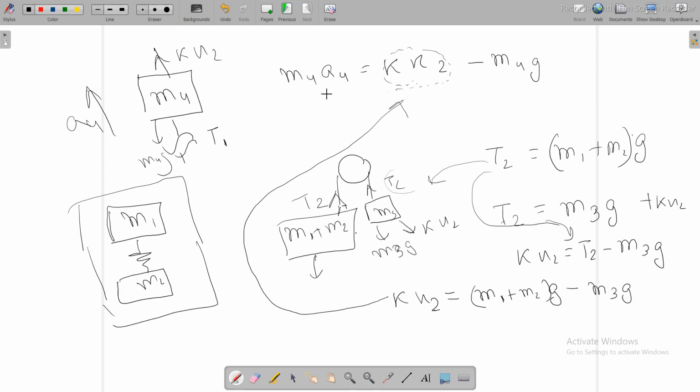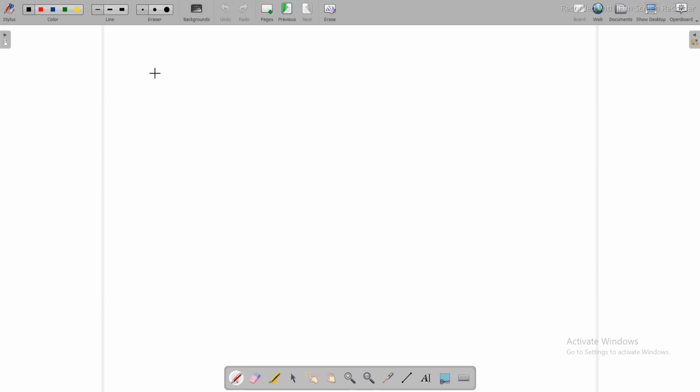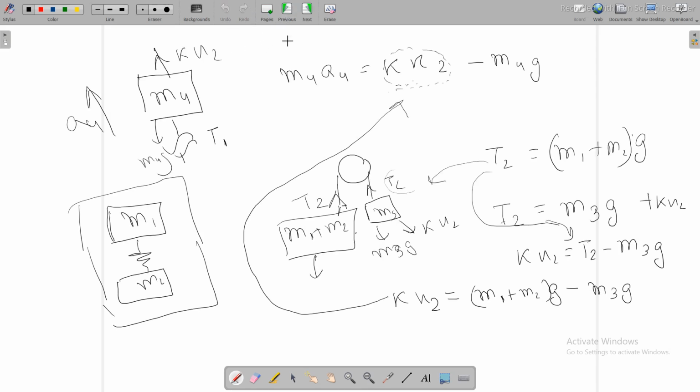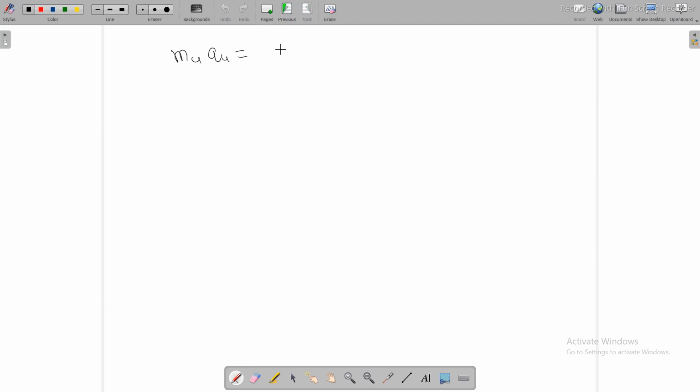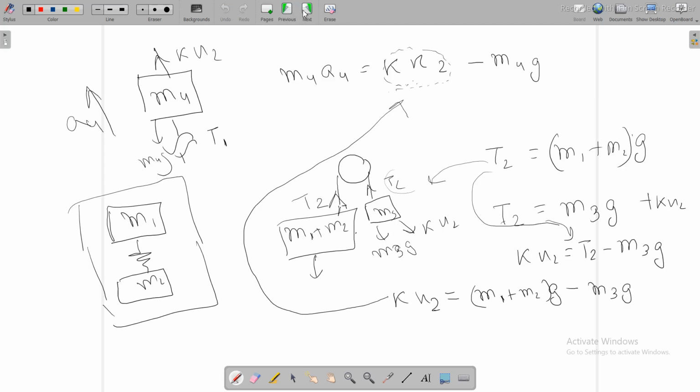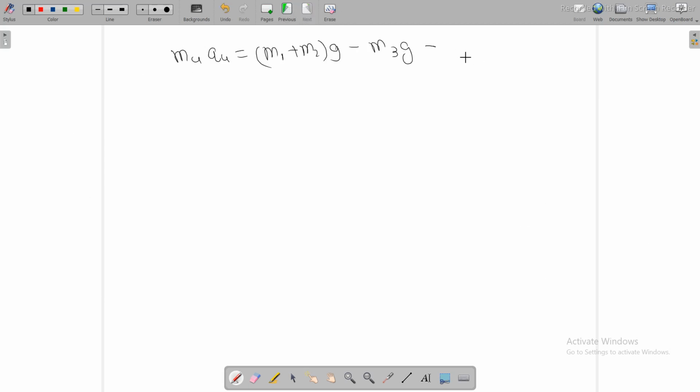we are able to calculate our a4. Therefore, m4 a4 is equal to m1 plus m2 into g minus m3g minus m4g.